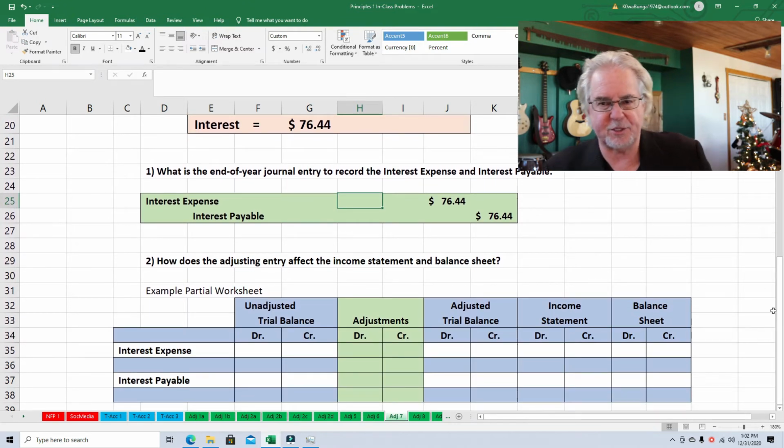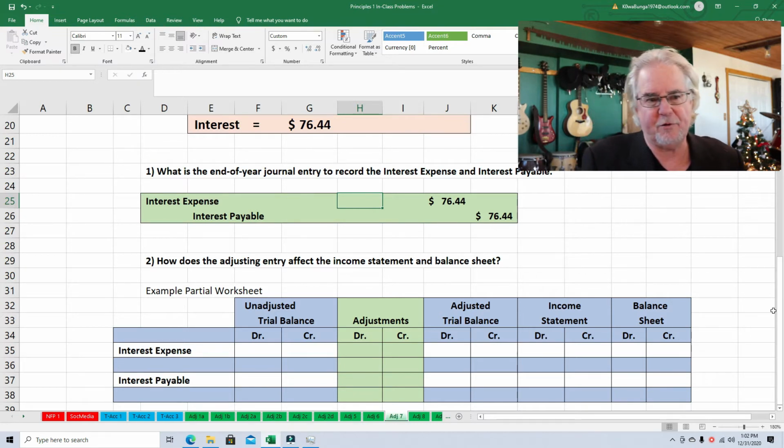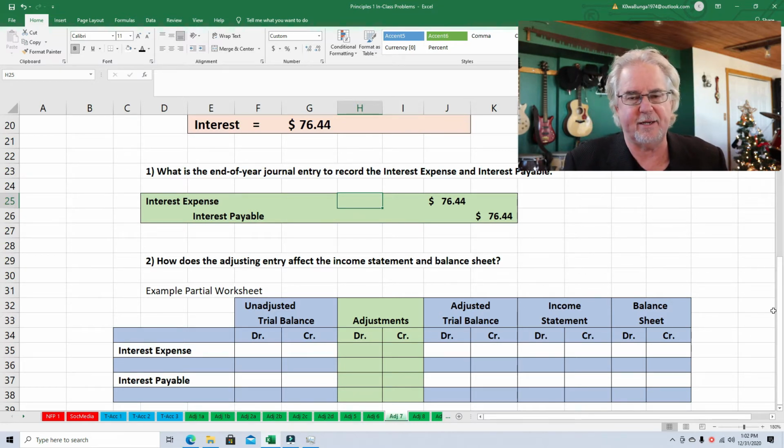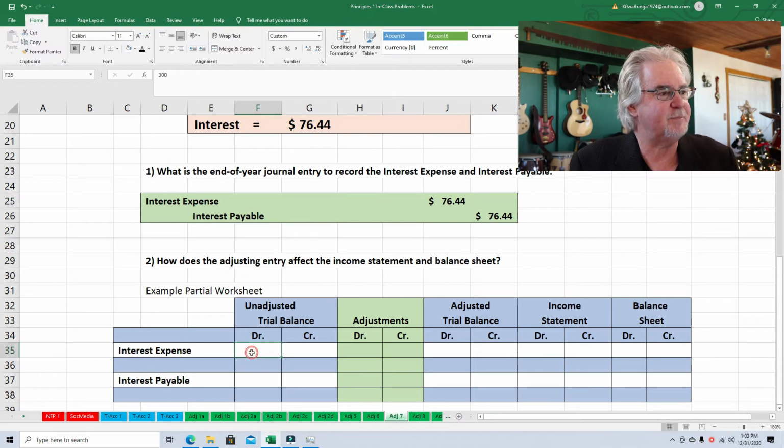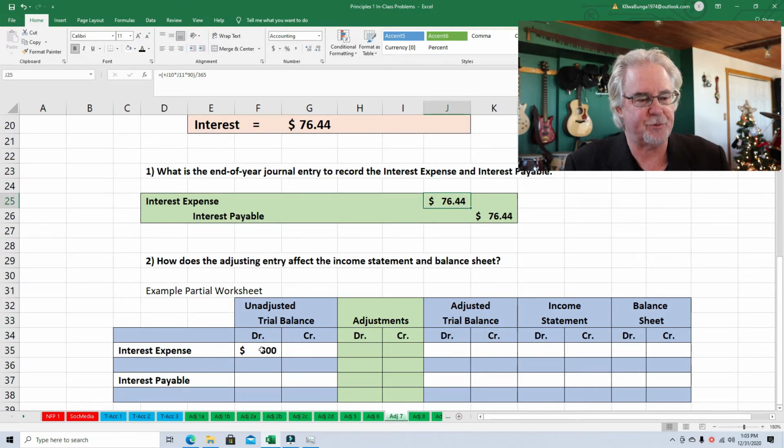And the reason why I'm doing this worksheet is to help you visualize what is going on. And years ago, accountants used to do these worksheets, but not so much anymore. So interest expense here, well, it turns out that on the books right now, not including that $76.44, we've got $300 of interest expense. So what we're going to do, we're going to take this debit up here, interest expense for $76.44.